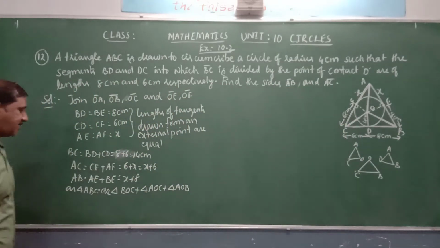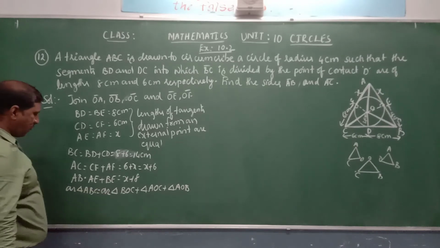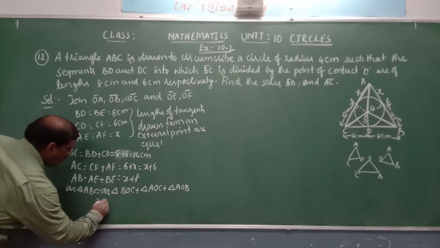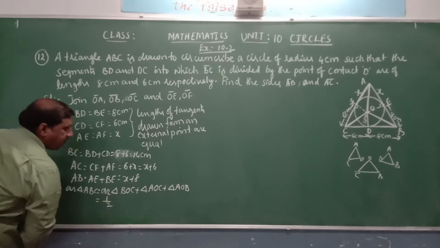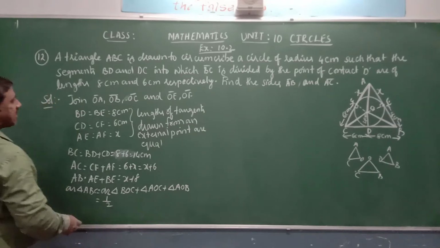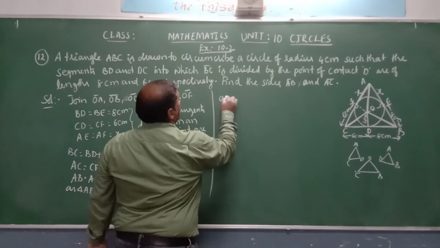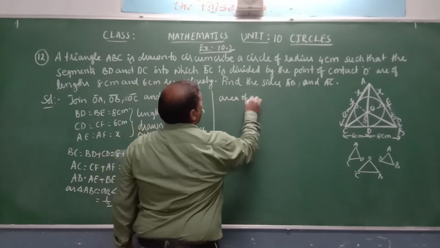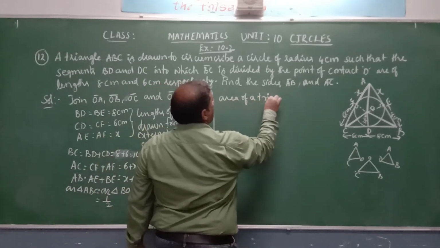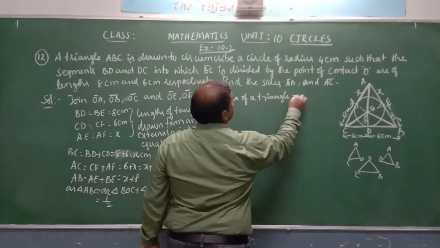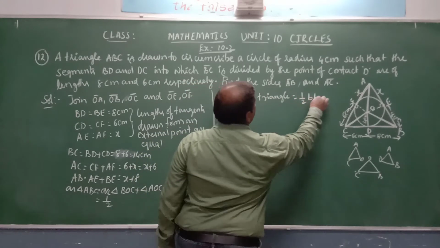Find their areas. Now the area of triangle BOC: what is the formula? The area of a triangle is equal to half into base into height.